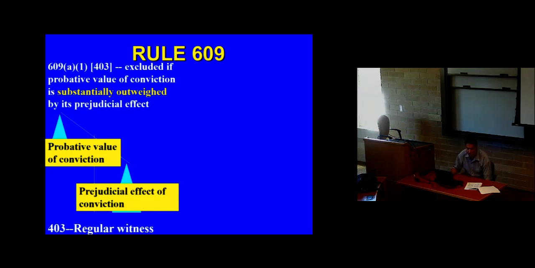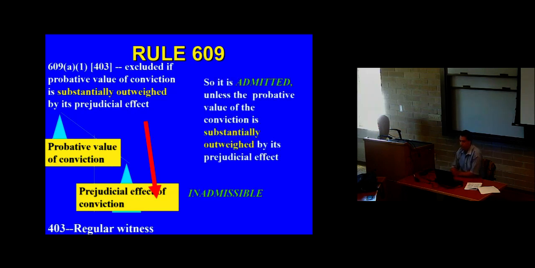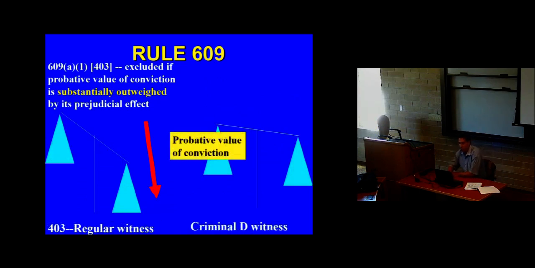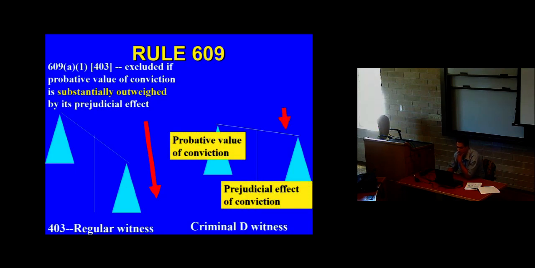So many prejudicial convictions that outweigh the probative value can still come in against a non-criminal defendant witness. It's only when it substantially outweighs it that it becomes inadmissible. So it's admitted unless it's substantially outweighed by the prejudicial effect. Now compare that standard to our criminal defendant witness, where the probative value is merely outweighed by the prejudicial effect.